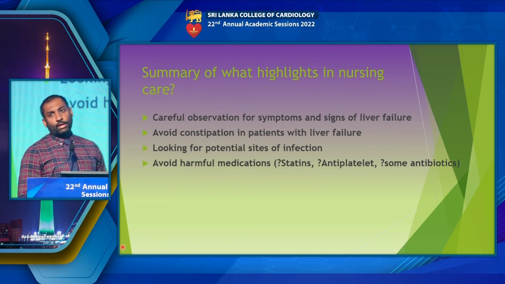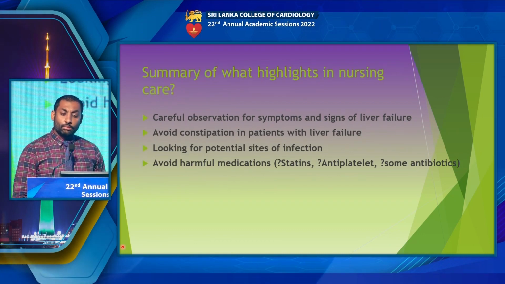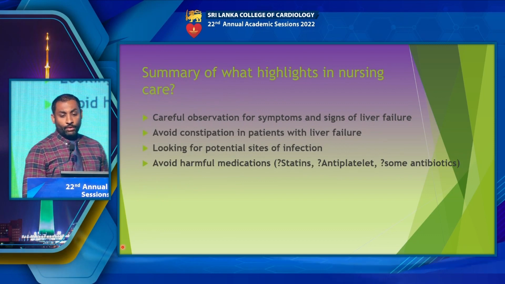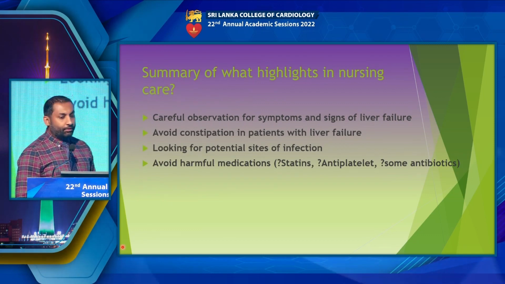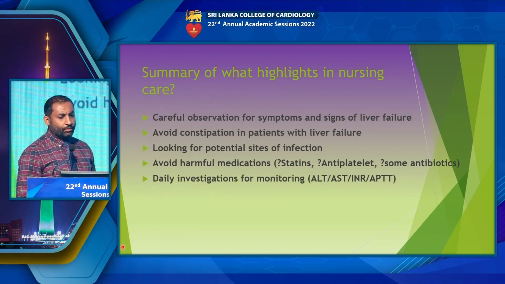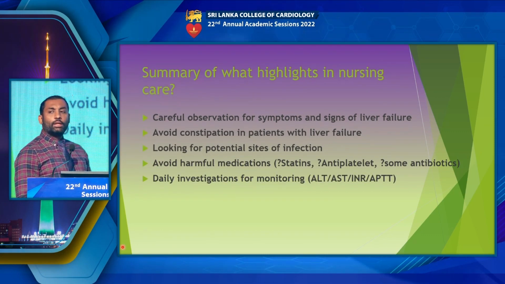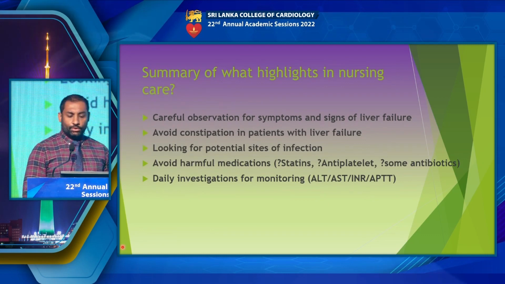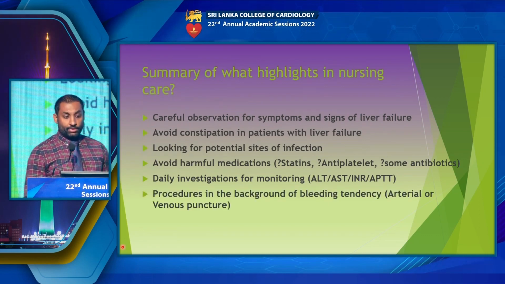And some antibiotics, especially co-amoxiclav, can cause more congestion of the liver if the patient is already in a liver failure situation. And you have to be aware of the daily investigations for monitoring, like liver enzymes, INR, APTT, which would indicate the situation of liver failure at present.